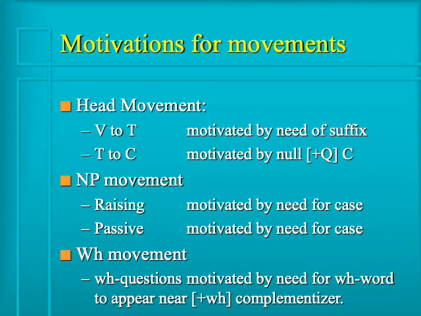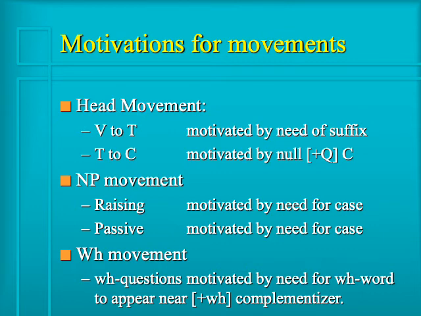And throughout the lectures this semester, we took a look at different types of movements. And let me just remind you of what kind of movements we've been studying. So we had V to T movement.